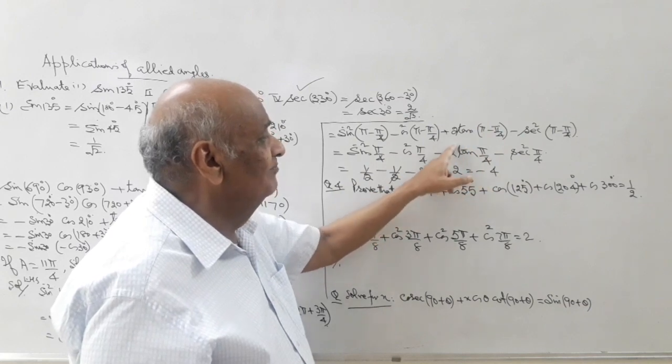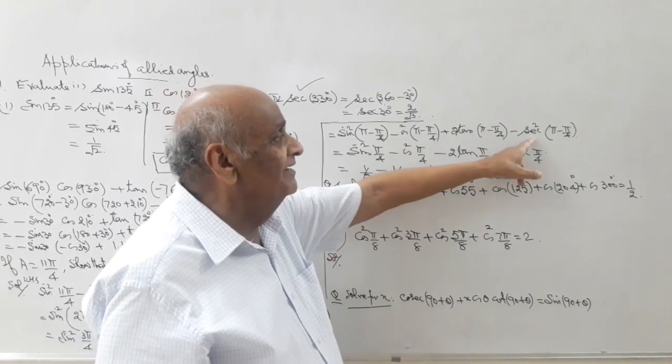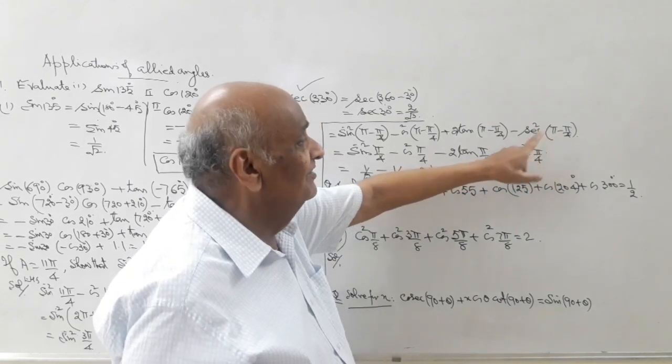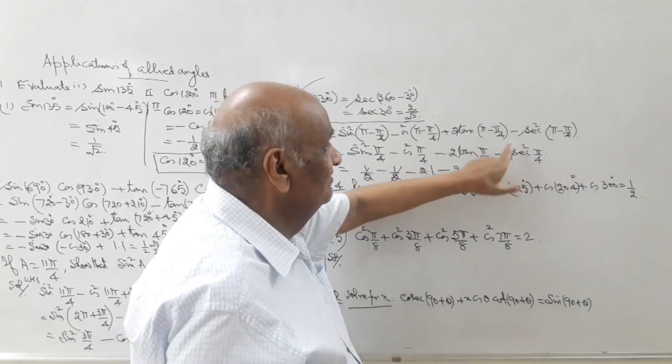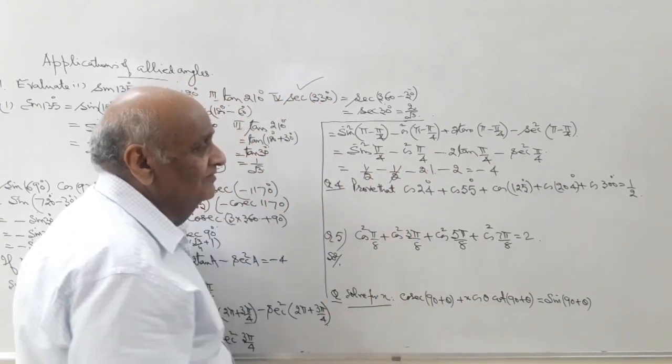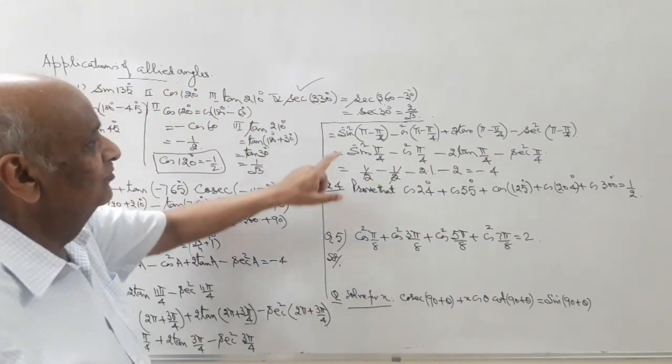Secant 180 minus theta is minus secant theta, because it is square it is plus, so minus as it is. Now substitute the values, you get the answer. That is equal to minus 4.